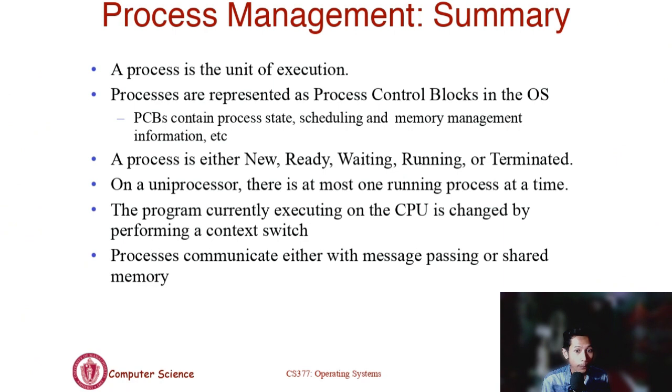This operation is relatively expensive and involves saving the state of the current process and loading the state of the next process. Lastly, processes can communicate with each other using either message passing or shared memory mechanisms. Message passing involves sending and receiving messages between processes, while shared memory allows processes to access and modify shared data structures.